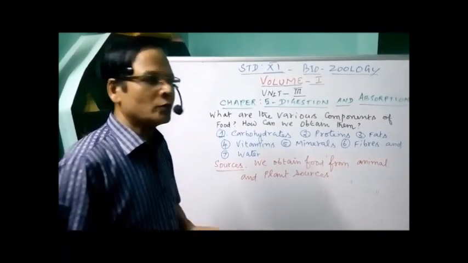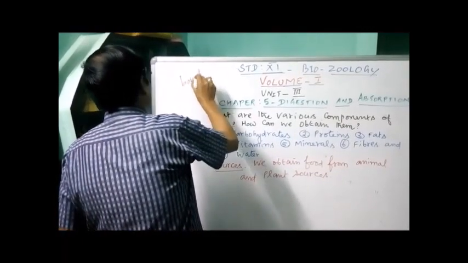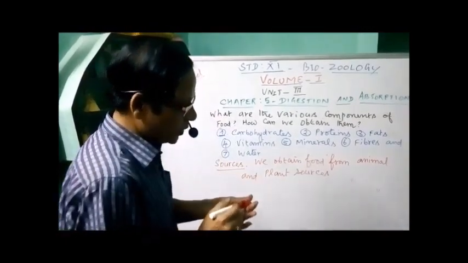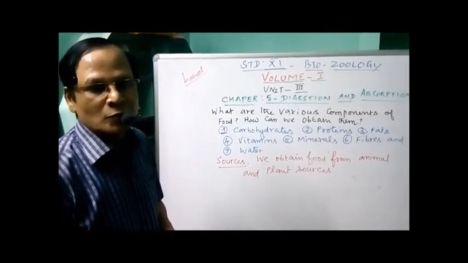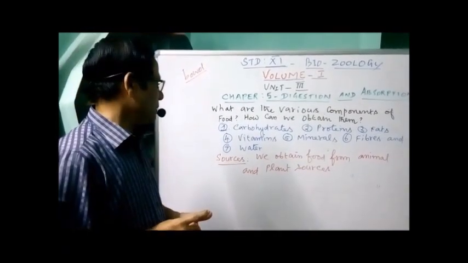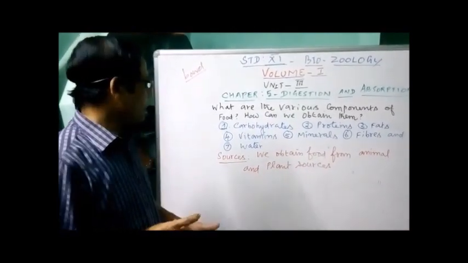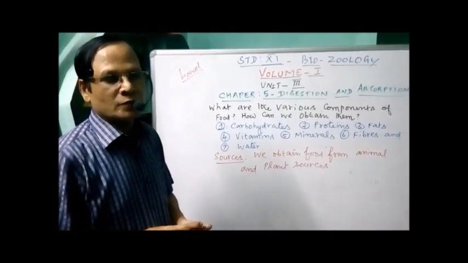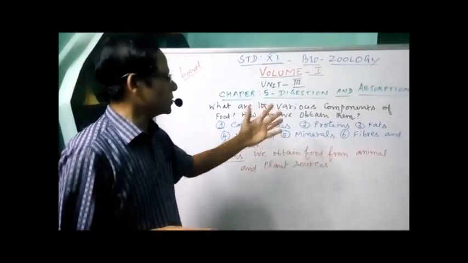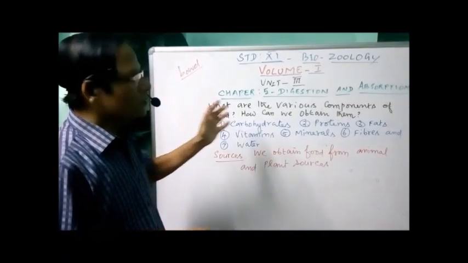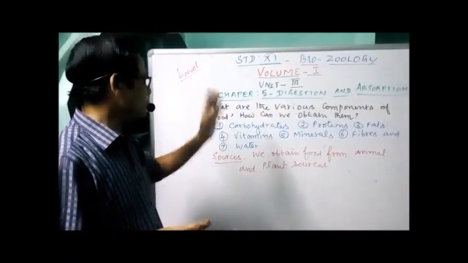Bowel movement means the regular elimination of undigested waste from the body. So we need fibers in the form of cellulose, along with water, which is also considered a regulator along with vitamins and minerals. These are the different nutrients that constitute food.